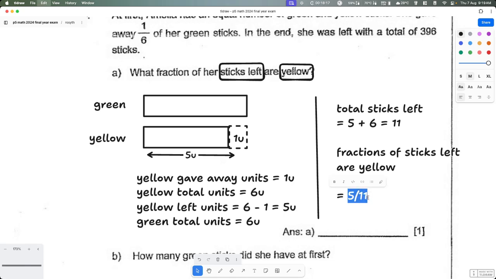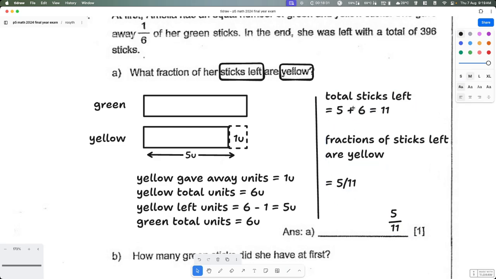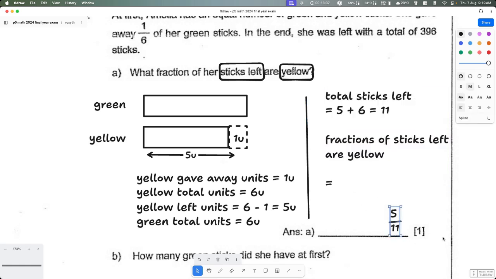I'm just going to put the fraction like this, so it's according to what people see. That's what you see over here. Let's move on to the next question.